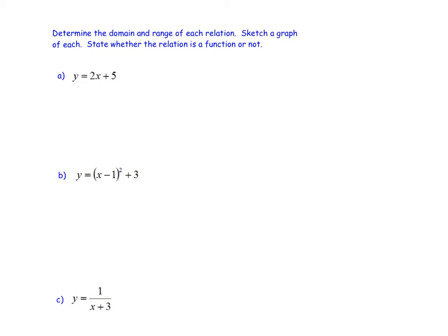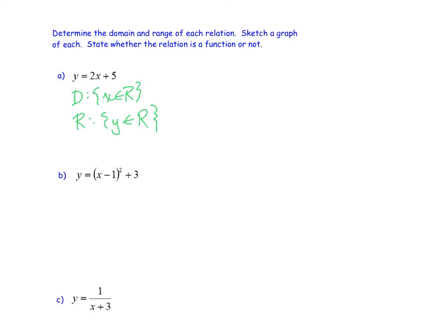So we could say that the domain would just be, we can say x is just an element of the real numbers because it would continue to grow towards positive infinity and negative infinity and all the points in between. And we can also say that the range is just y is an element of the real numbers.